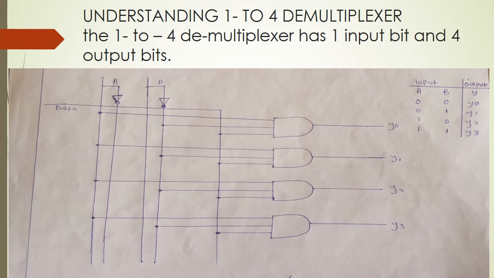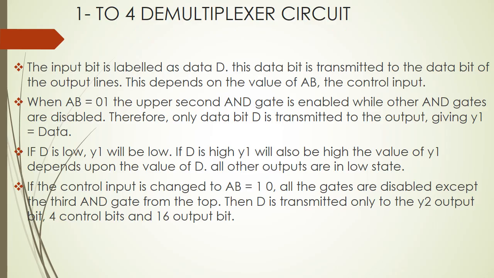So the 1 to 4 demultiplexer circuit, let's take a look. The input bit is labeled as data, as we saw on the previous slide, that the data represents the input line. This data bit is transmitted to the data bit of the output lines.